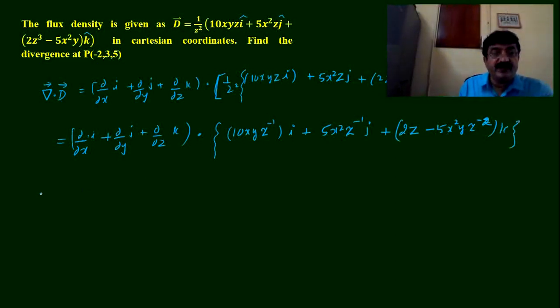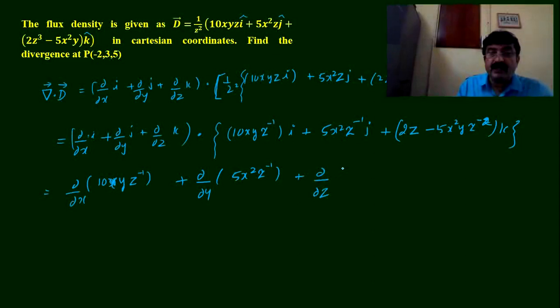Okay, now you differentiate ∂/∂x of 10xyz to the power of minus 1 plus ∂/∂y of 5x square z to the power of minus 1 plus ∂/∂z of 2z minus 5x square y z to the power of minus 2, correct, minus 2.